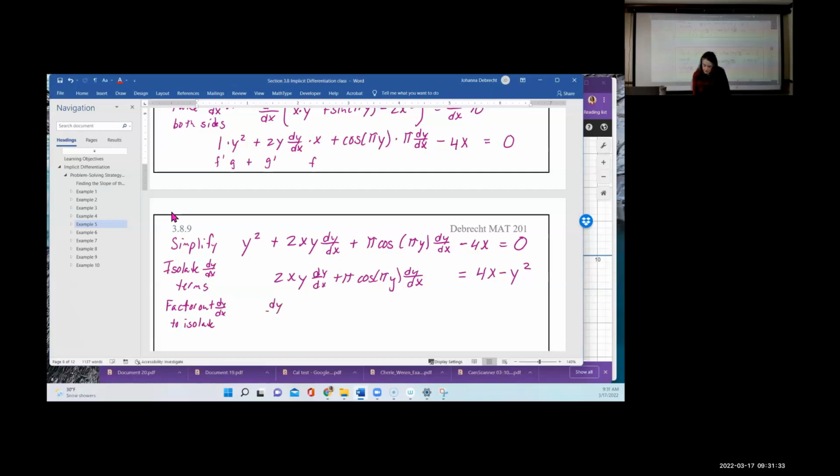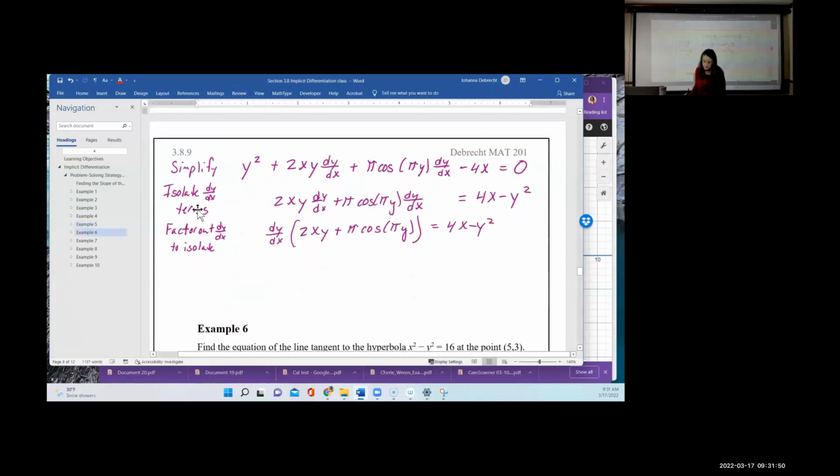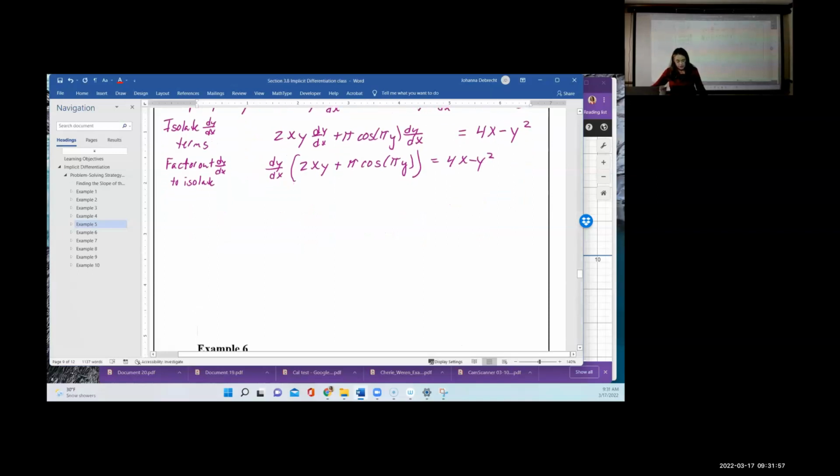So this gives us dy dx times the quantity 2xy plus pi cosine of pi y equal to 4x minus y squared. Our next step is going to be to divide by the coefficient of the dy dx.